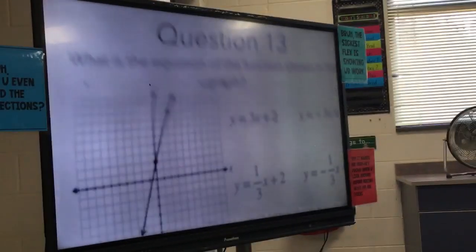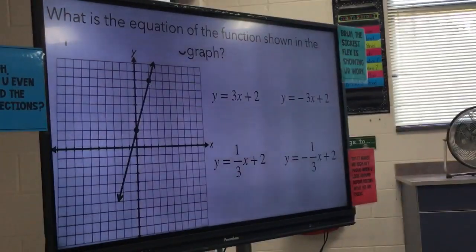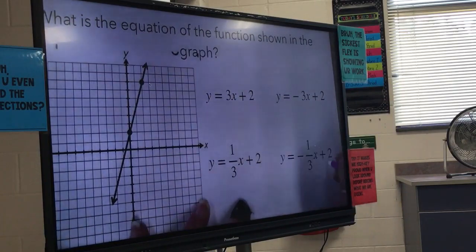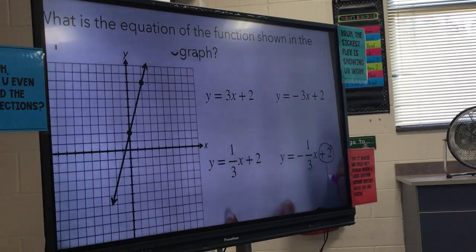All right, number 13. So number 13 is similar to some of your Delta Math that you have this week because it's got this extra +2 on it. Okay, so the +2, this is your y-intercept.